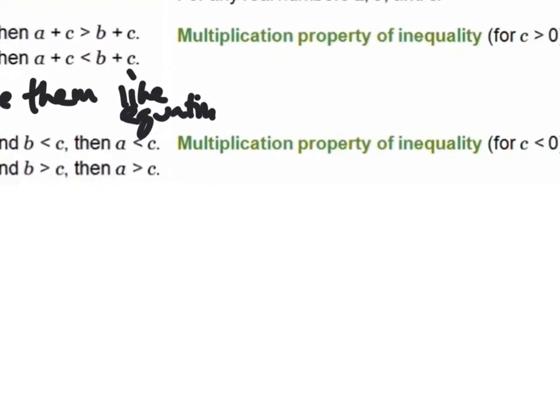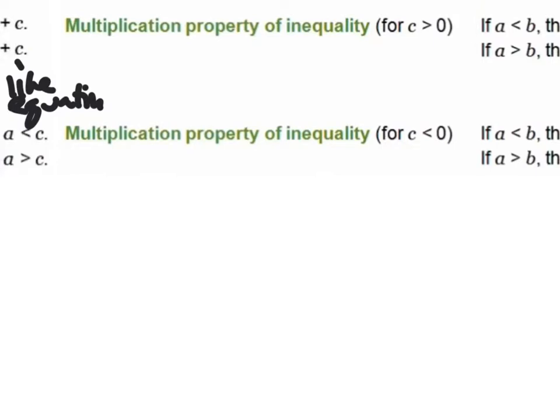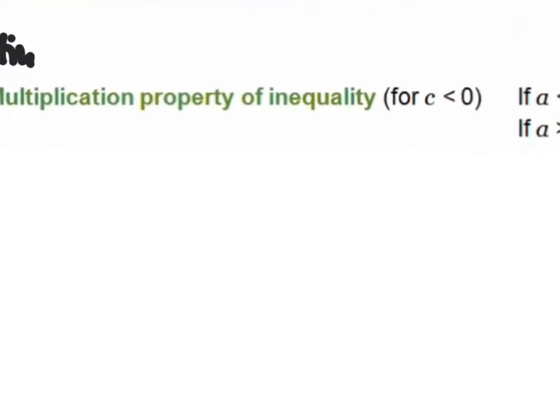The next one we have is the multiplication property of an inequality. Let's try something. Do you agree that negative 2 is less than 5? Is that fair and reasonable?